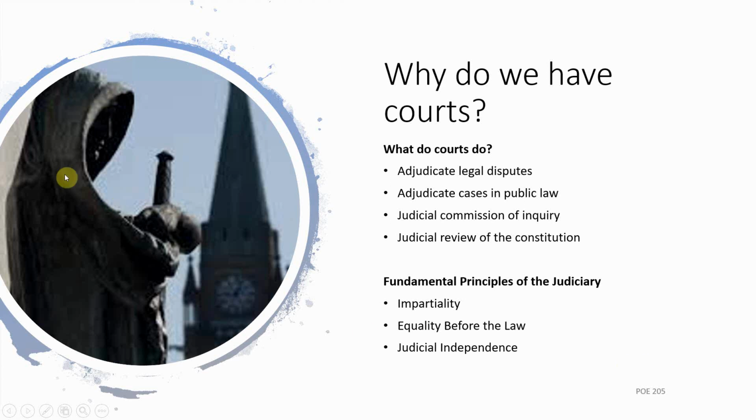You might notice this statue in front of the Supreme Court of Canada. It's a woman holding a two-edged sword. The idea is that the law can be equal, that either side can win.